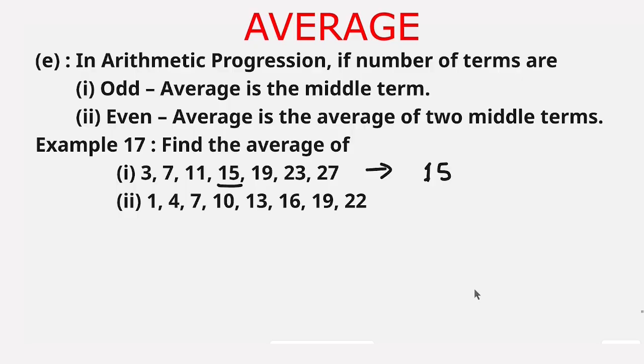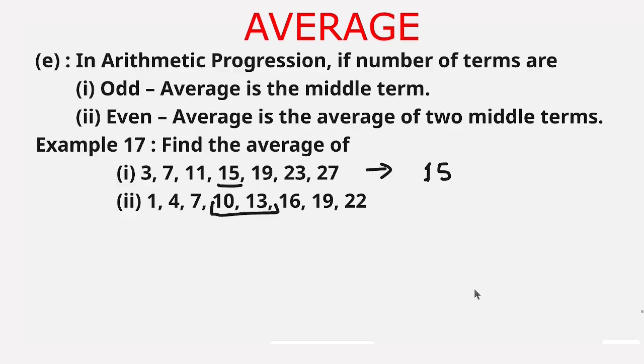And in part 2, the terms are 1, 4, 7, 10, 13, 16, 19 and 22. This is also an arithmetic progression, and the number of terms is 8, and 8 is an even number. So we have to find the average, which will be the average of the middle two terms, and the middle two terms are 10 and 13.